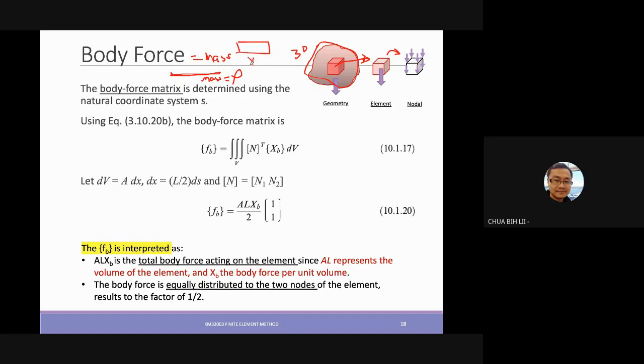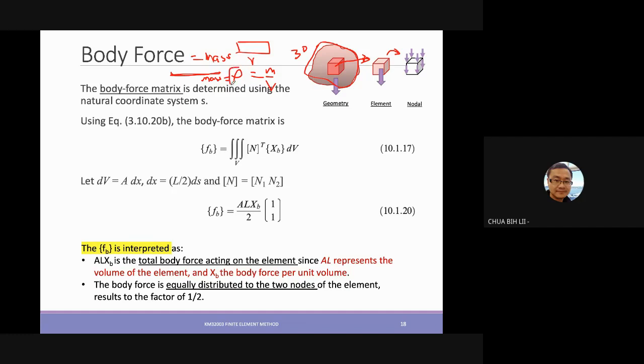So this density will be interpreted as the body force per volume, because density is M over V, the mass over volume. So this is where the body force comes into play.